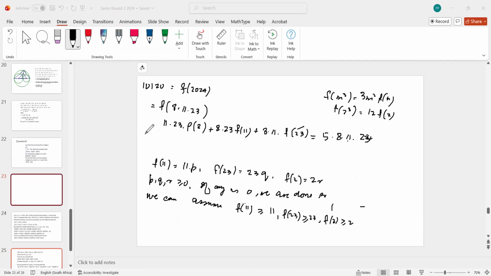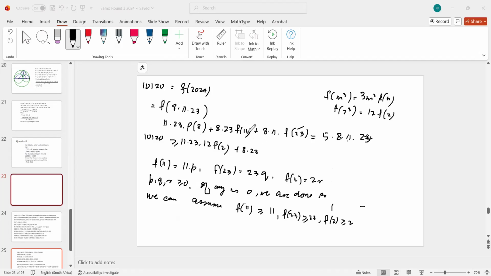Now, on the left-hand side, I got 1, 2, 1, 2, 0. Now, this is greater or equal to, this is 11 times 23. And we said that this f of 8 is 12 f of 2. And we said f of 2 is greater or equal to 2. And here you got 8 times 23.